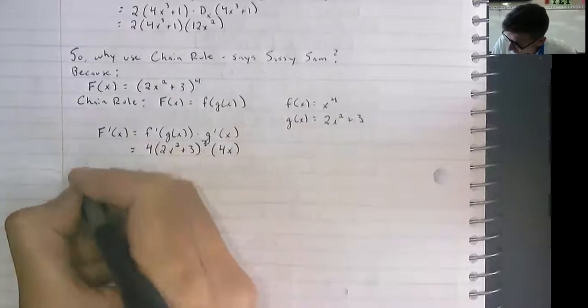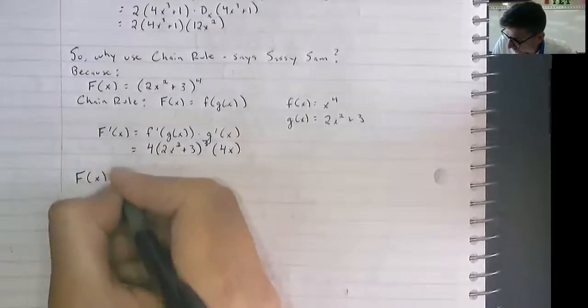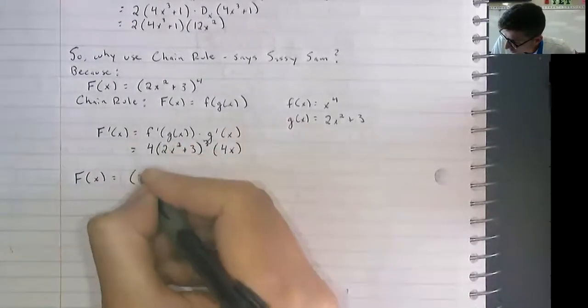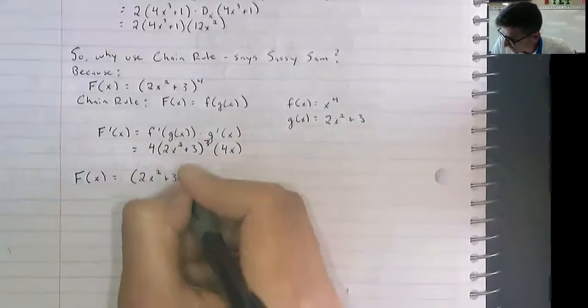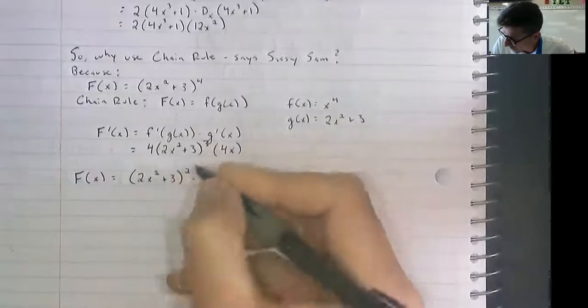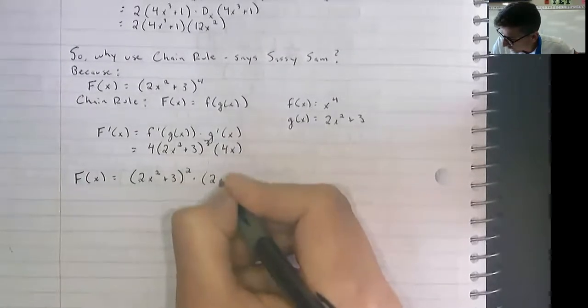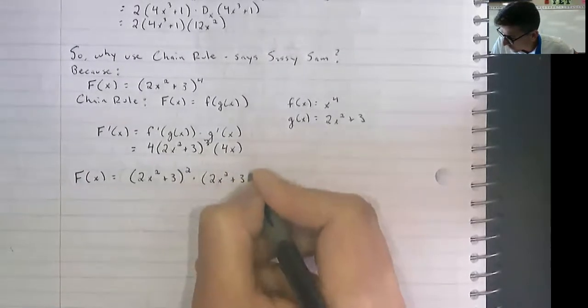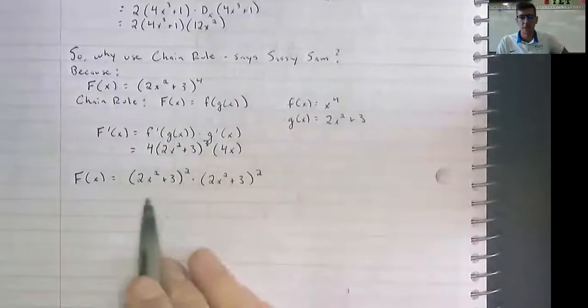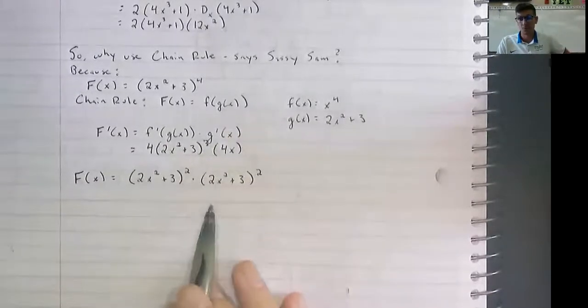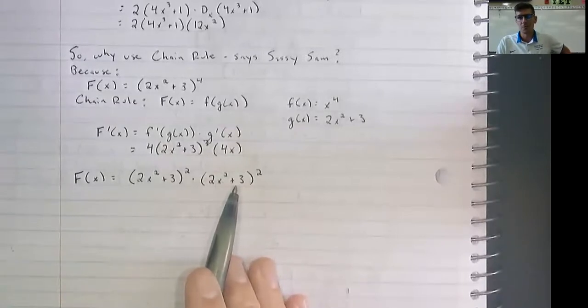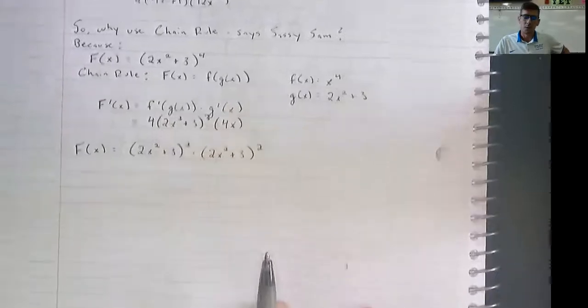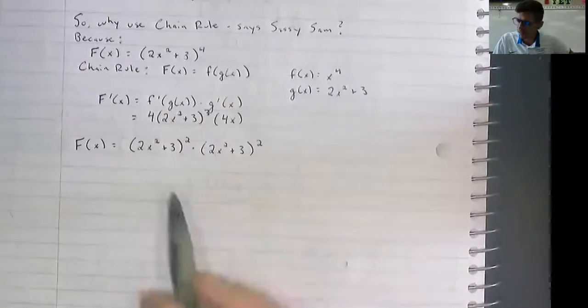So f of x, big F of x, is equal to (2x squared plus 3) squared times (2x squared plus 3) squared. So we're first going to treat this as just a product rule, but we're going to see pretty quick there's product rule inception here that's going to confuse you more than that movie did. So deep breath.